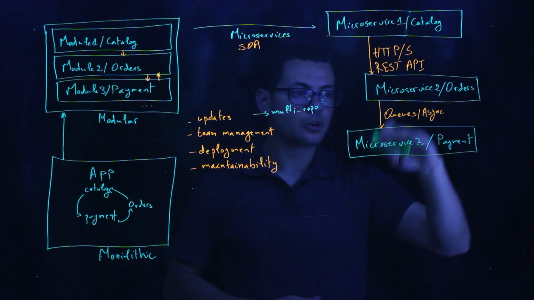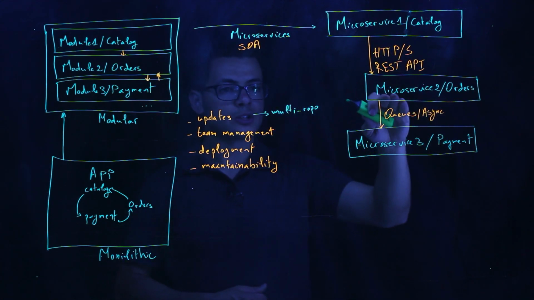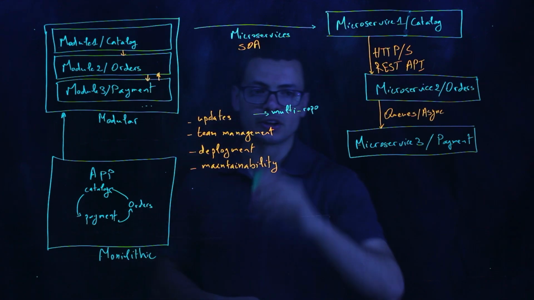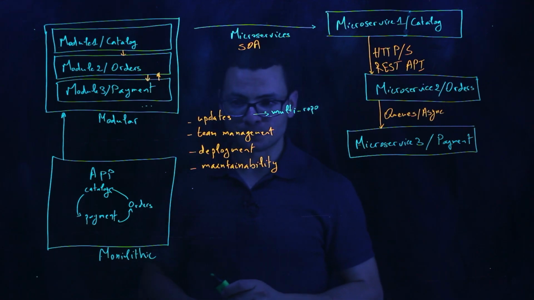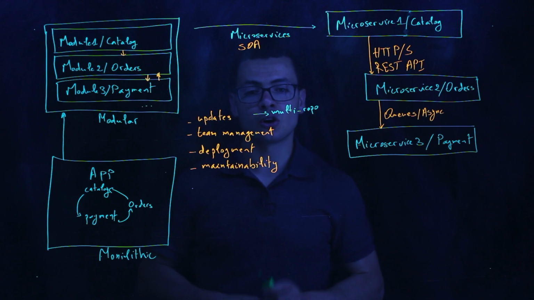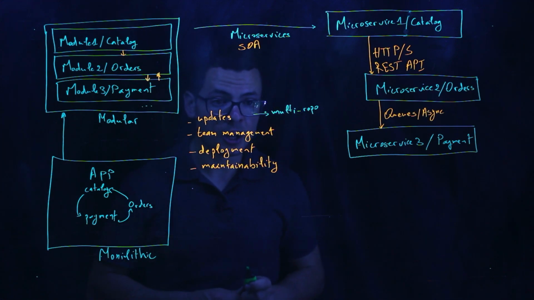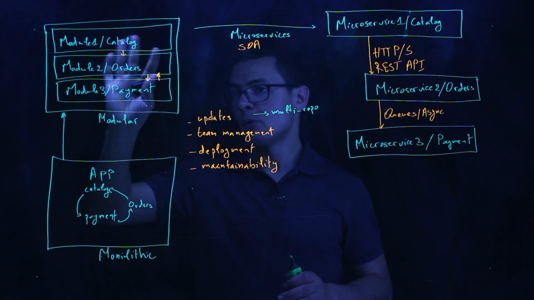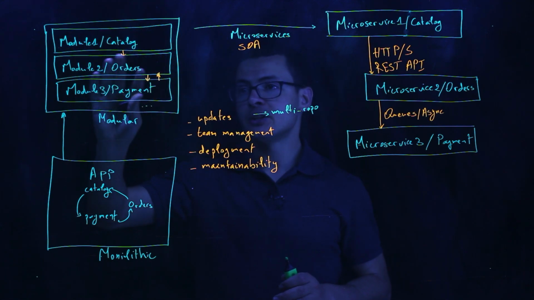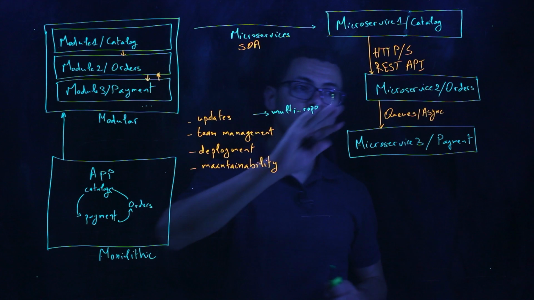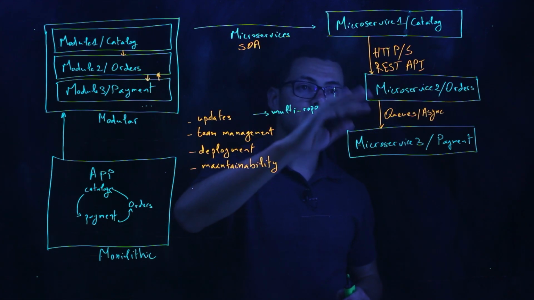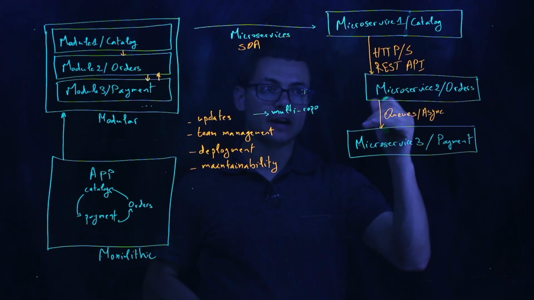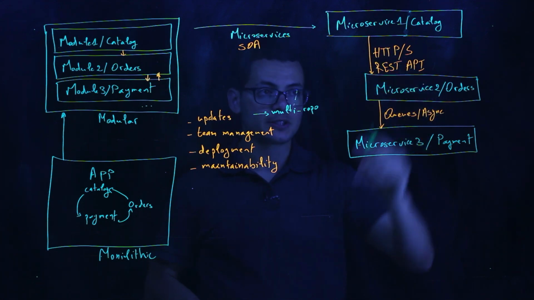We'll have multiple repos. Each microservice will live inside a separate repository in Git. The team management is also much easier, because here we won't have hundreds of developers working on the same application. The development team will be divided into smaller teams.